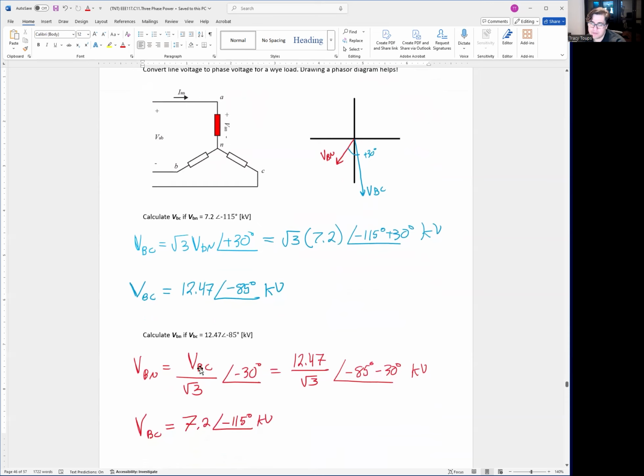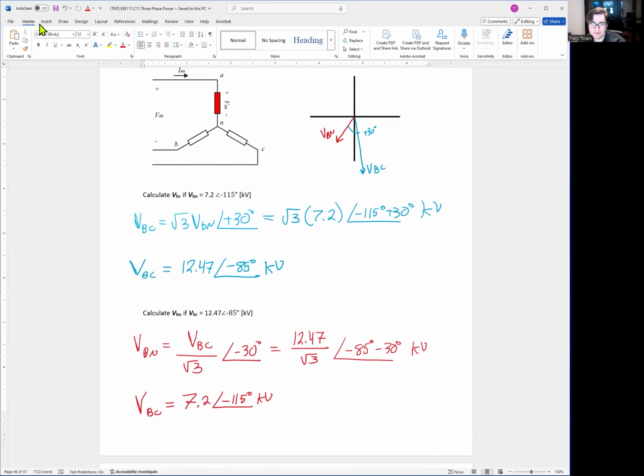Now we could go backwards. Let's say I have VBC, I want to find VBN. So my line voltage divided by square root 3 minus 30 degrees will get my phase-to-neutral. So 12.47 divided by root 3, and then the phase angle is negative 85 degrees minus another 30 degrees. Our answer for this should be VBN, right? So I'm going to change that right now.